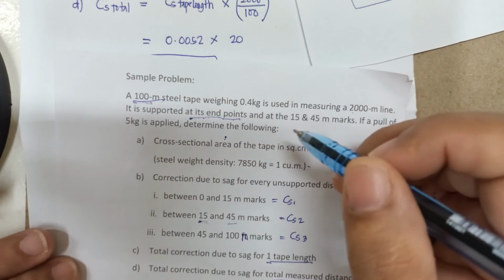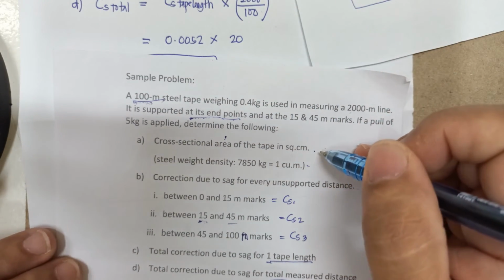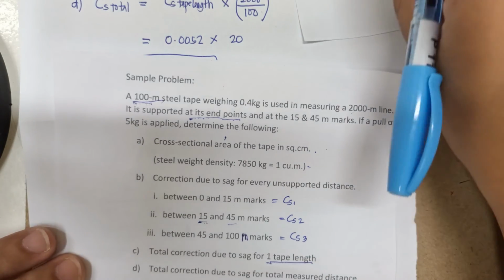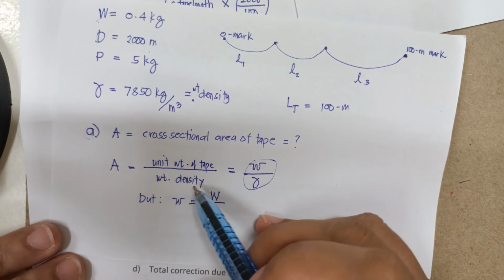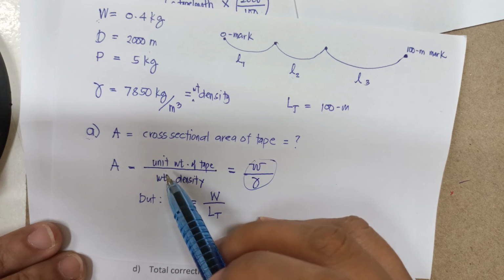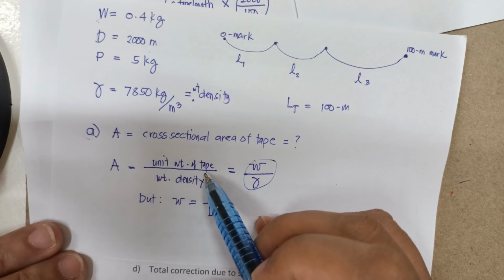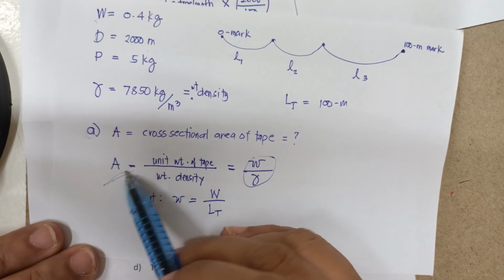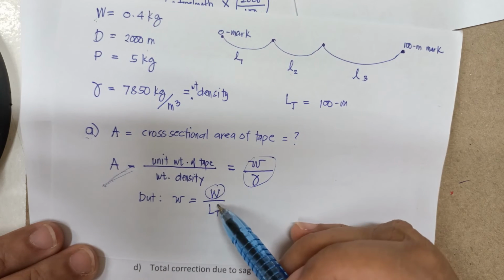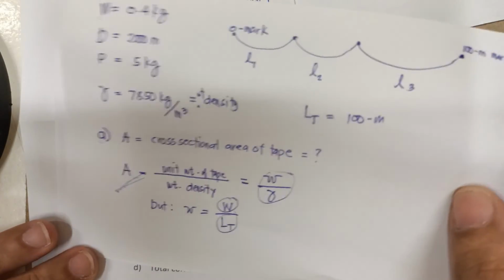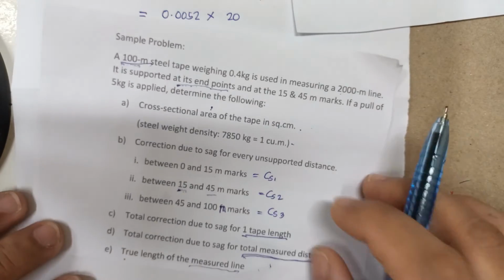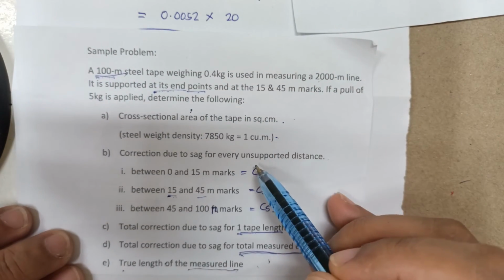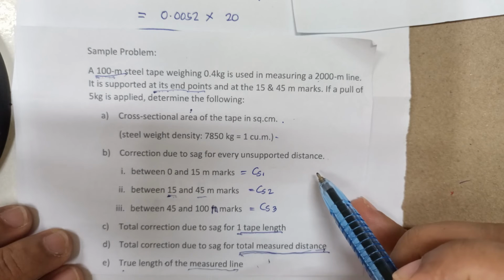So let me summarize. First, we were able to compute the cross-sectional area in square centimeters using the formula, unit weight of the tape divided by the weight density. However, we don't have the unit weight of the tape, so we express the cross-sectional area in terms of the weight of the tape and the nominal length of the tape. Next, we computed the sag correction between unsupported distances.